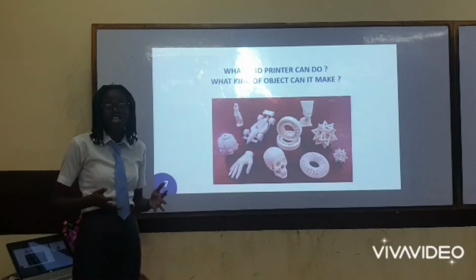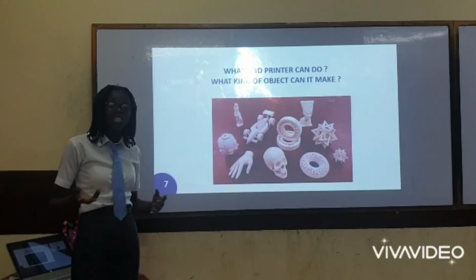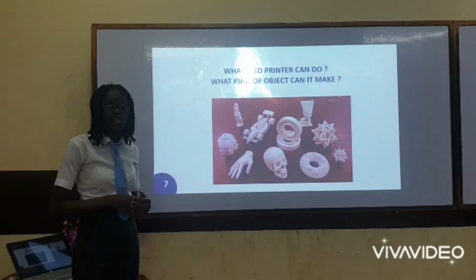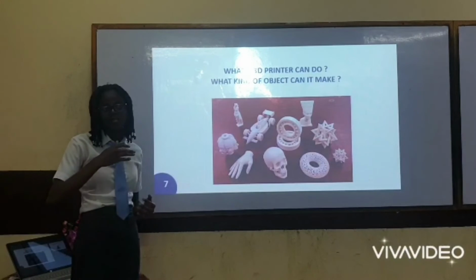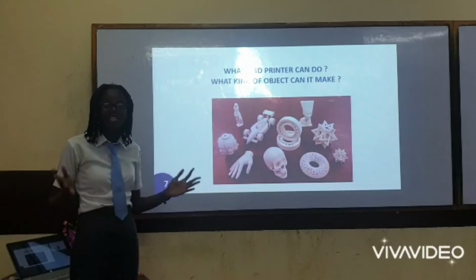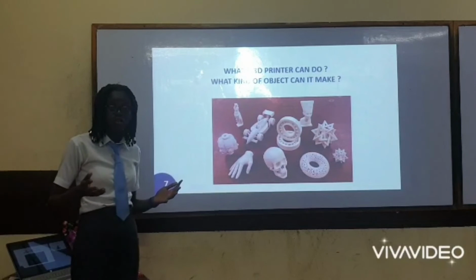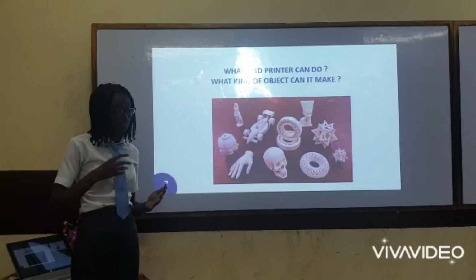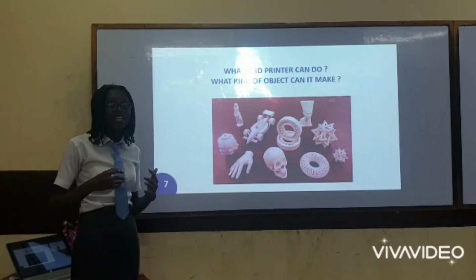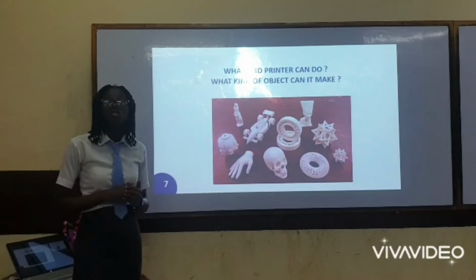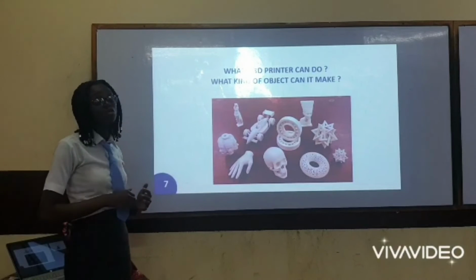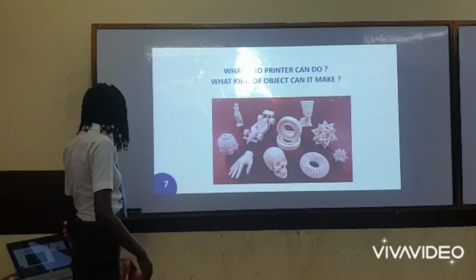It can make objects from plastic, metal, or even living cells. So the possibilities are limitless and depend on the material that you want to use to make your object.